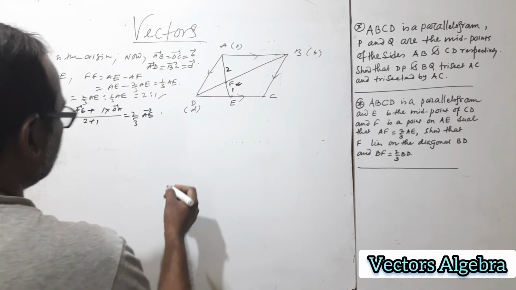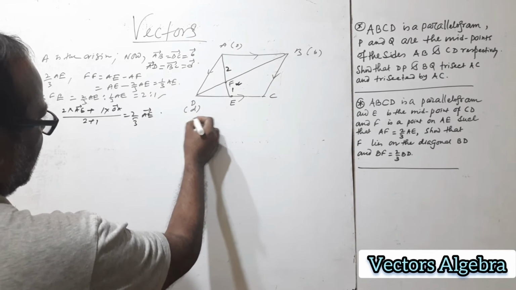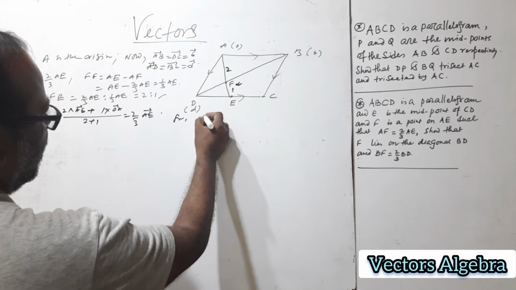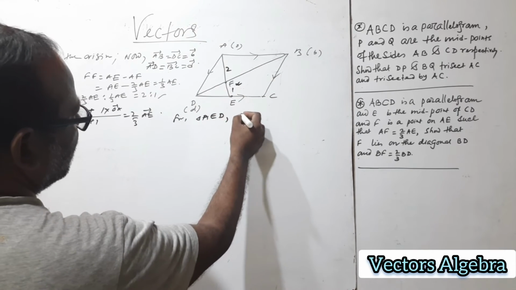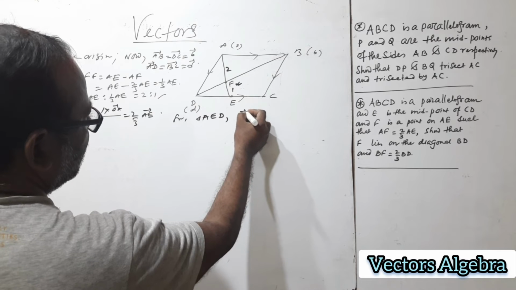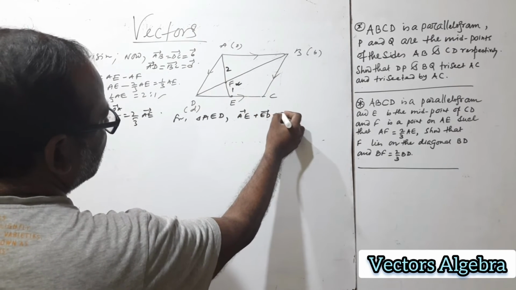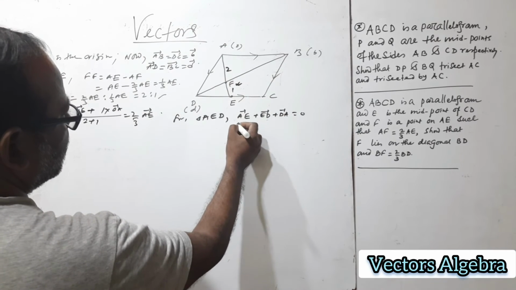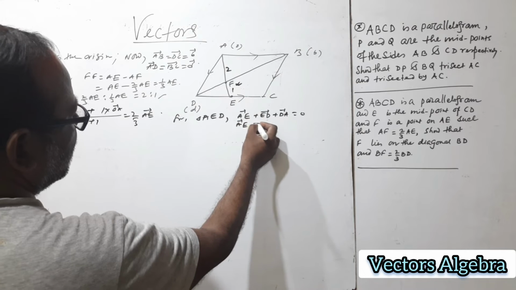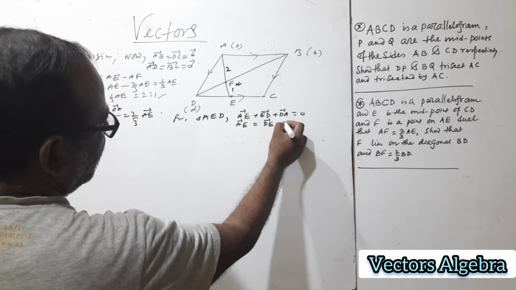Now AE is equal to, for triangle AED, so AE plus ED plus DA is equal to 0. So need to find AE here. So that is DE and AD.